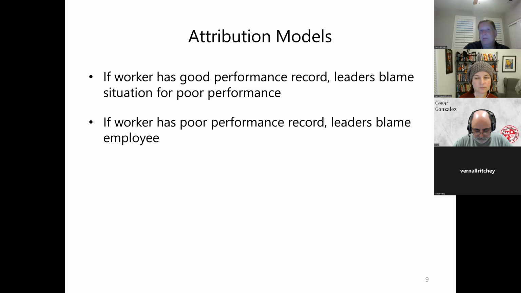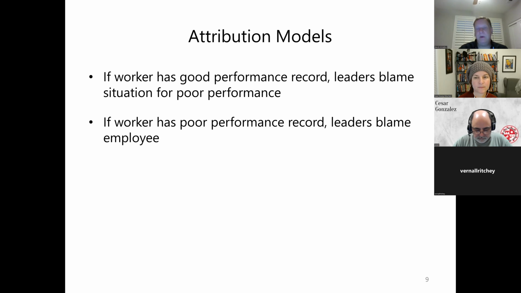And they'll say, well, it's not the employee's fault that this has gone wrong, it's the situation. This is a unique situation. It's the situation that led to the poor performance as opposed to the individual employee themselves. However, if an employee has a poor performance record, leaders are much more likely to blame the employee than blame the situation. This is what's known as attribution theory.